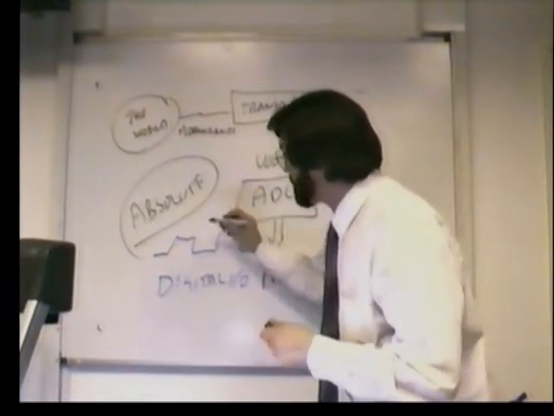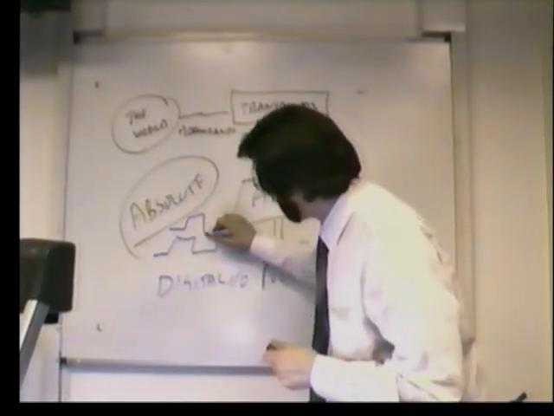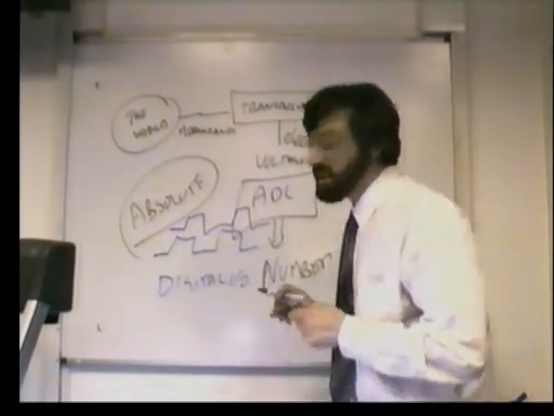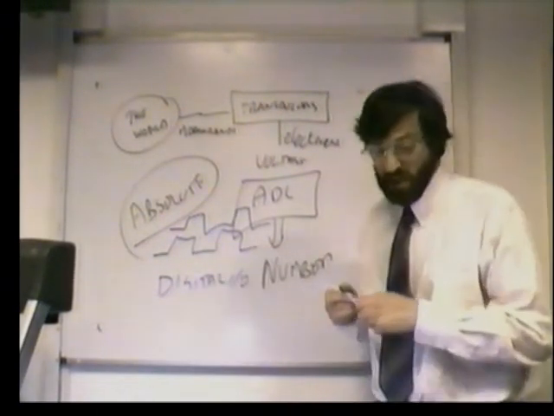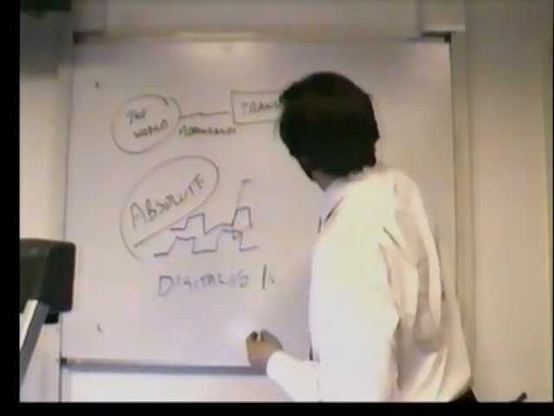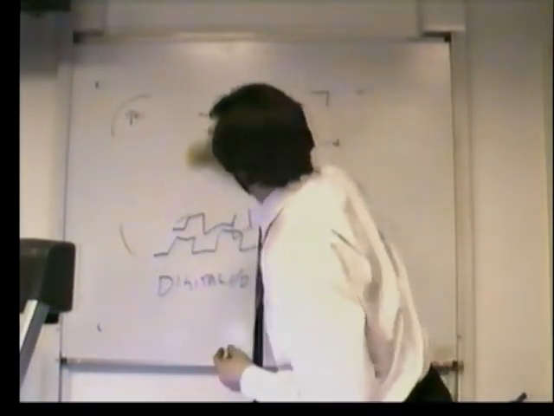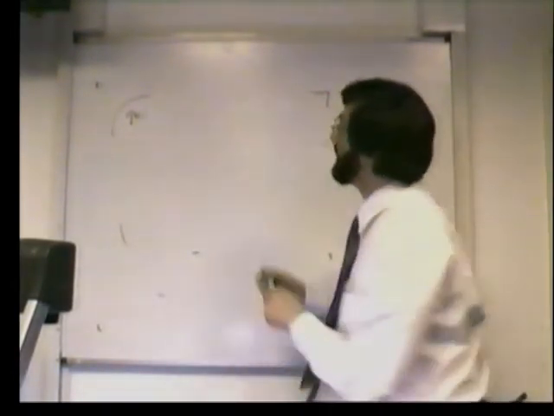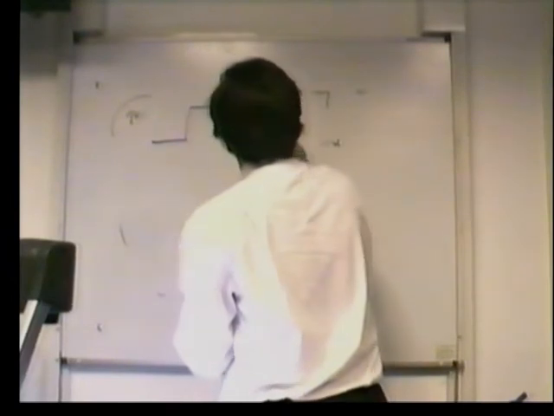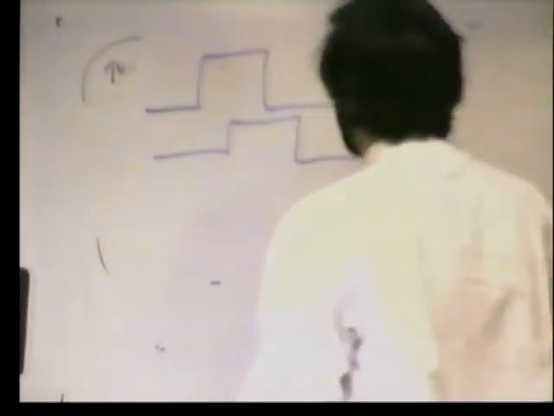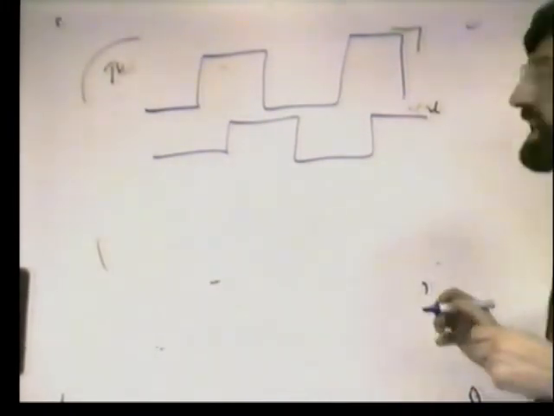What about direction? If you have 2 pulse trains 90 degrees out of phase with each other, then you have quadrature encoding. So we'll draw that again. Here's our 2 pulse trains 90 degrees out of phase.